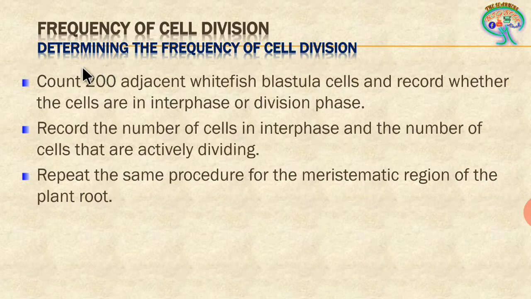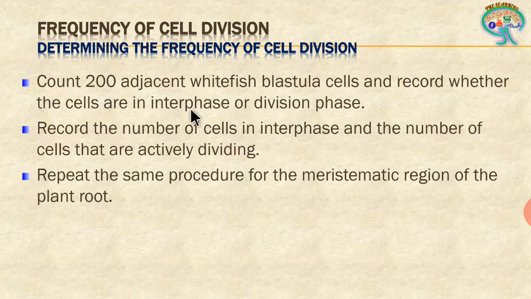So you have to consider a particular number n of adjacent whitefish blastula cells and record whether the cells are in interphase or division phase. Interphase means non-dividing cells, and division phase means prophase, metaphase, anaphase and telophase.